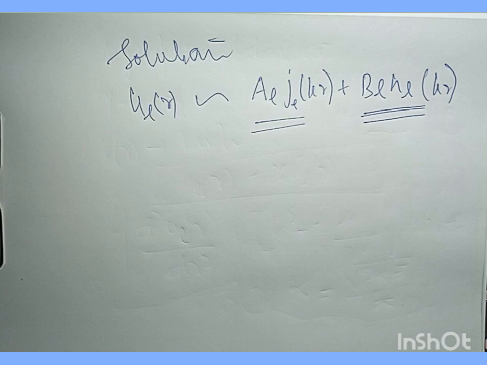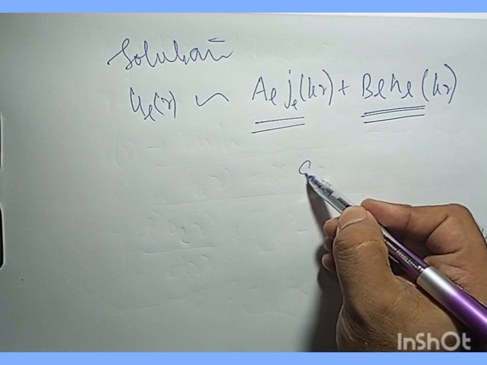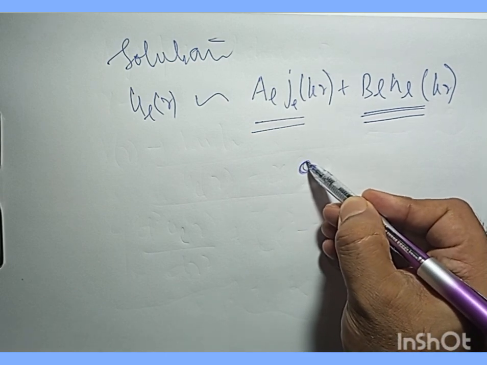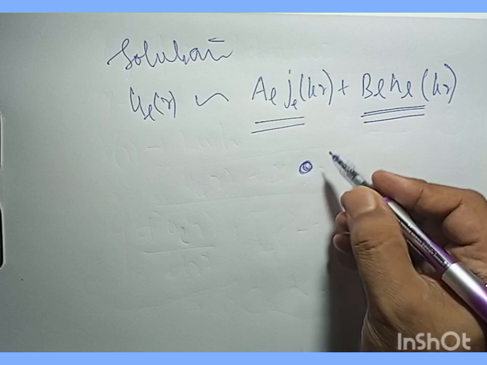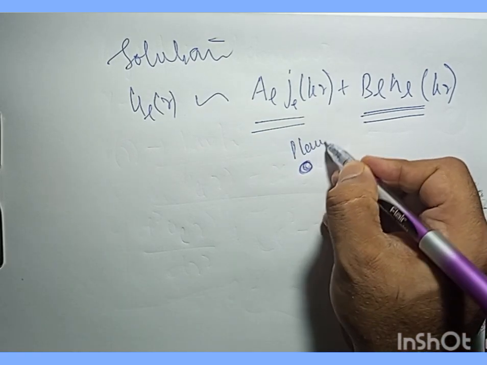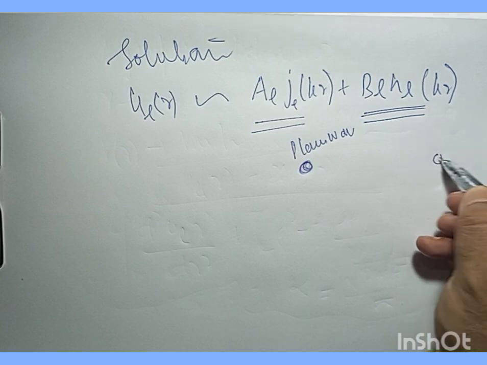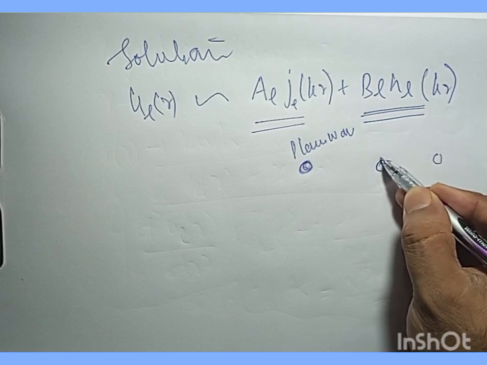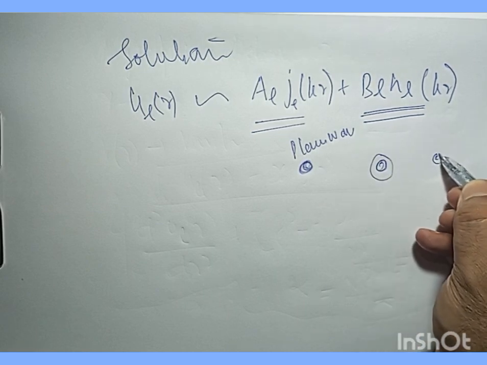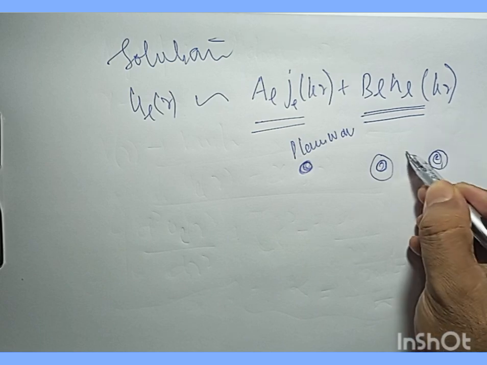We apply boundary conditions at large distances, where the wave function consists of an incoming wave, and this incoming wave is a plane wave, and an outgoing spherical wave. Suppose this is the target potential, then the wave goes out as an outgoing spherical wave.